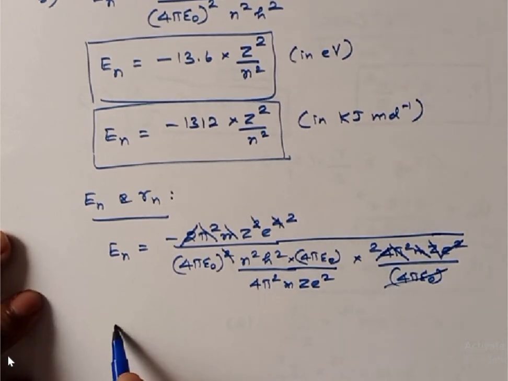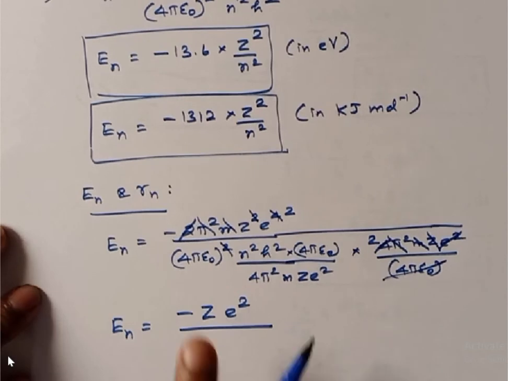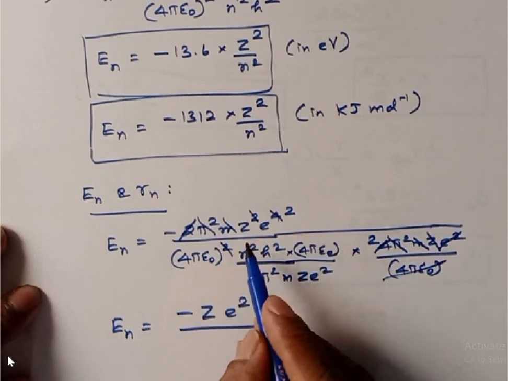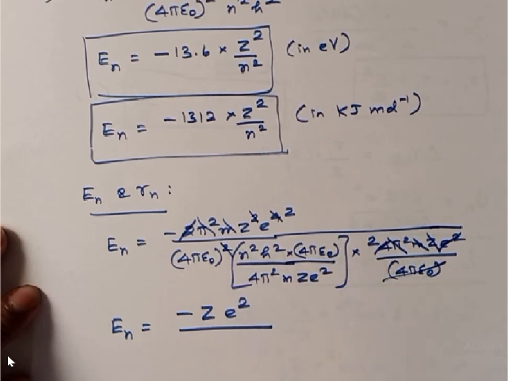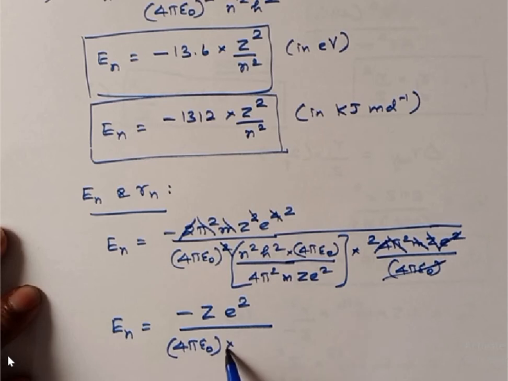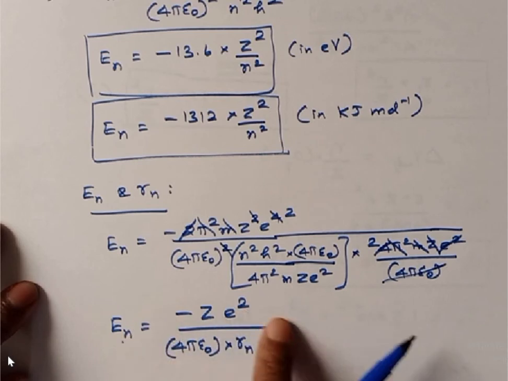So what we are left with is En equal to Z e square in the numerator divided by 4 pi epsilon naught, and this quantity is nothing but the radius of the nth orbit. So we get 4 pi epsilon naught into radius of the nth orbit into 2. We have 2 here. So now see, En and Rn are related by this equation.